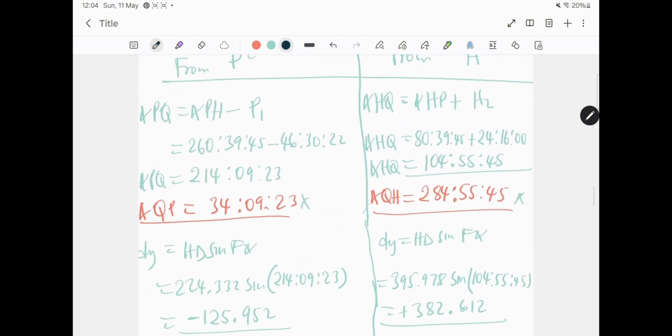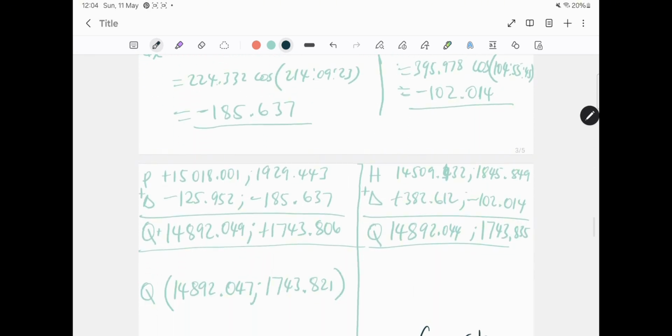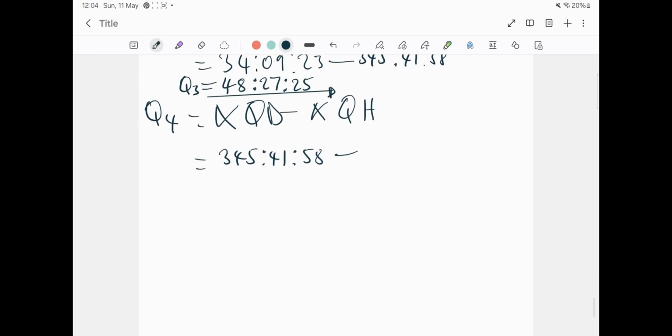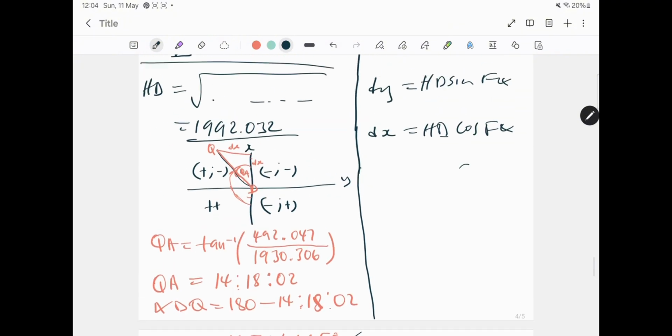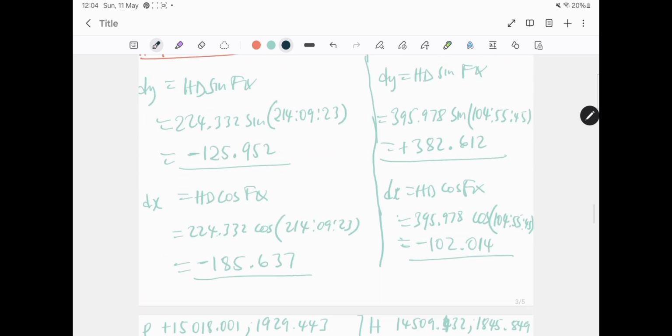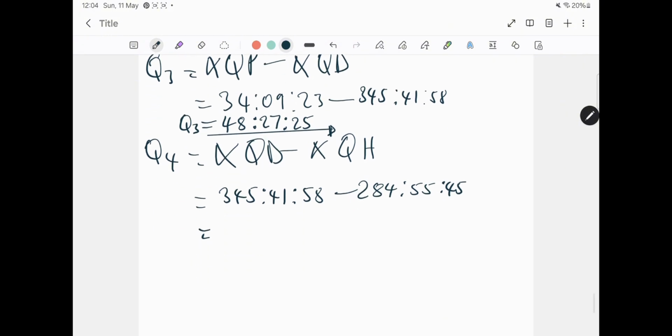Yeah, it's 284 55 45. So when you subtract, we're getting 345 41 58 minus 284 55 45. So we are getting 60, 46, 13.